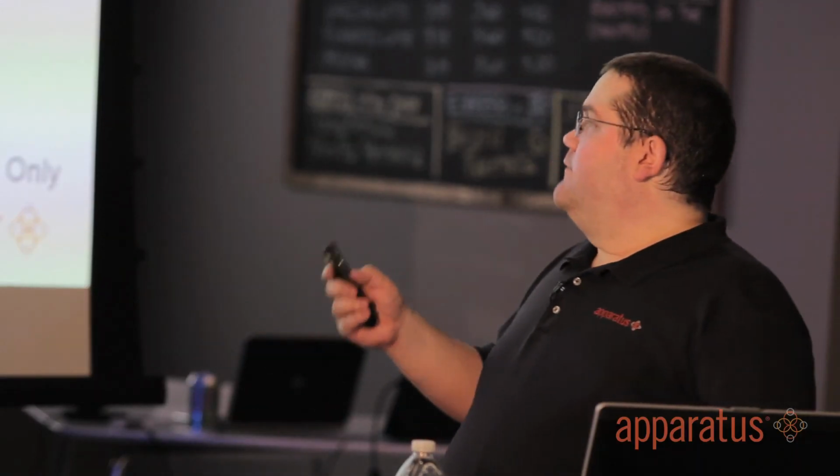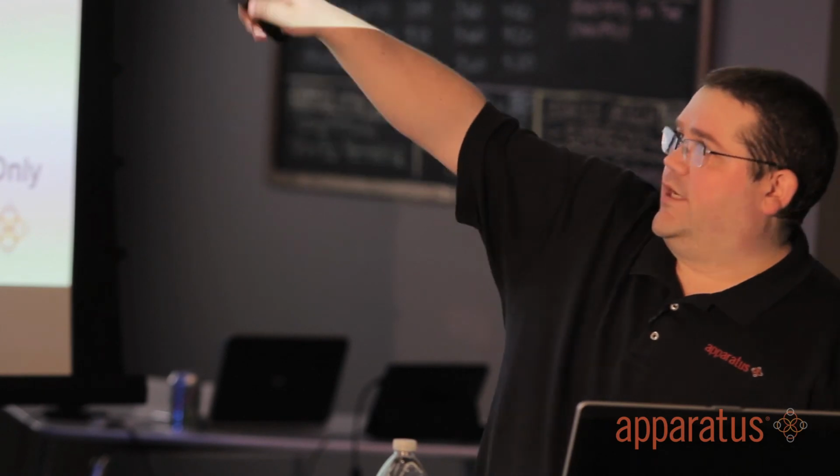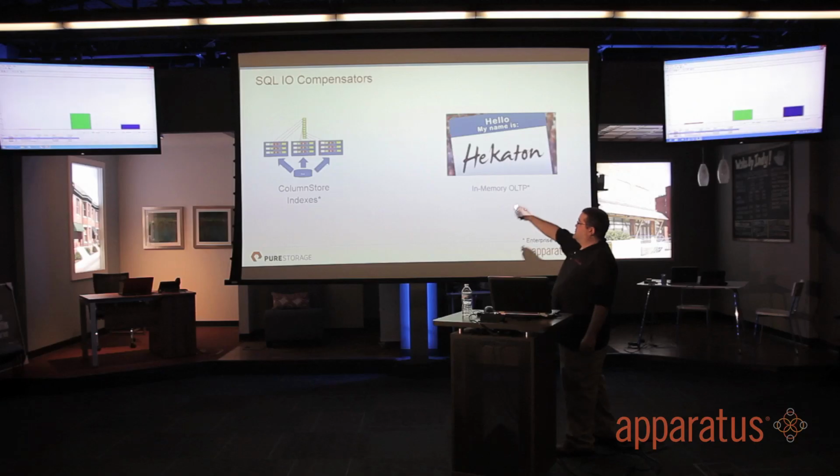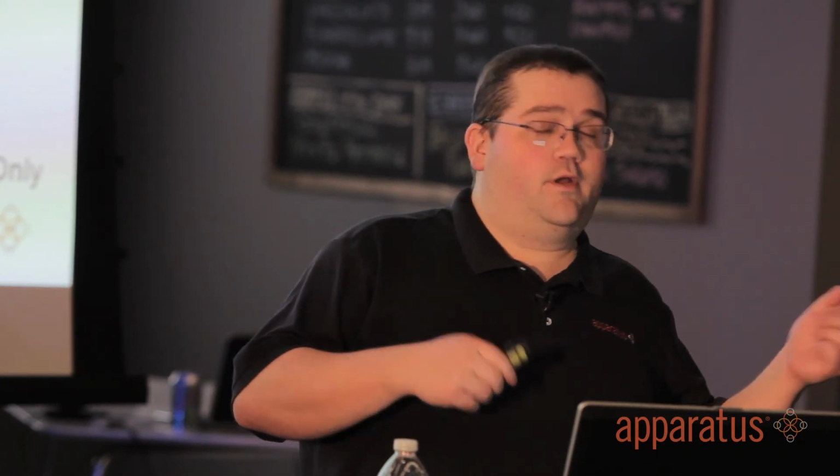So as we're moving through the different compensators, we've had indexes for a long time, then we had partitioning and compression, and then we had column store indexes, and now we have Hekaton. So these advances in SQL Server have been to make SQL Server use less I/O, whether it be logical, in memory, or disk, as it's pulling the data up from disk.